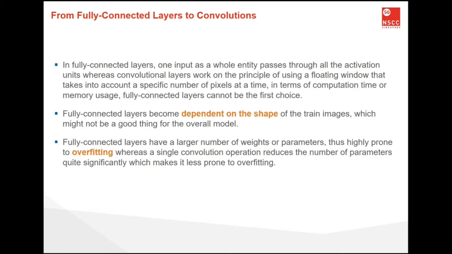For example, if we want to build a neural network to classify cats and dogs, and we collect images with a resolution of 1000 by 1000 pixels, this means that each input to the network has 1 million dimensions.